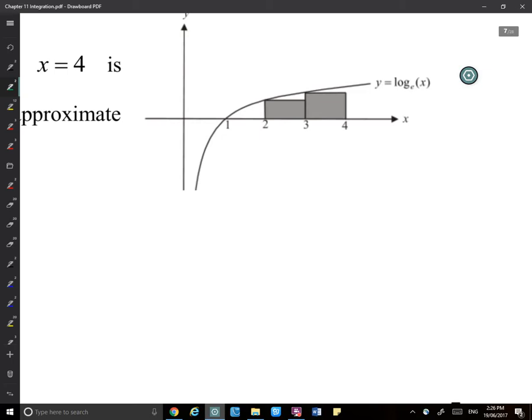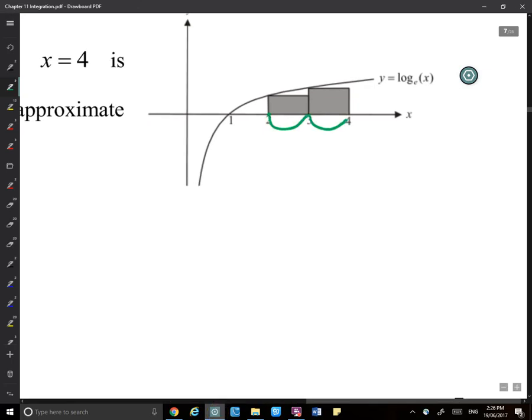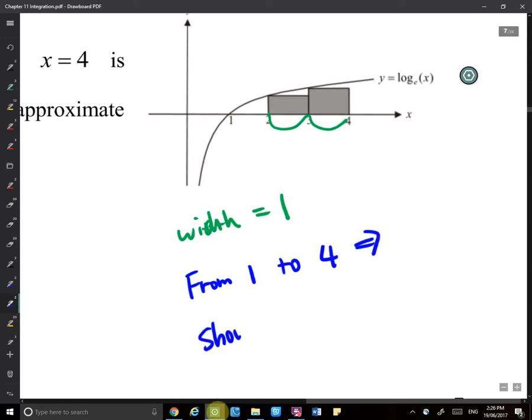Well, can you see the width is 1? The width is 1. Can you see 2 to 3, 3 to 4? The width equals 1. So from 1 to 4 should have 3 rectangles. Is that true?